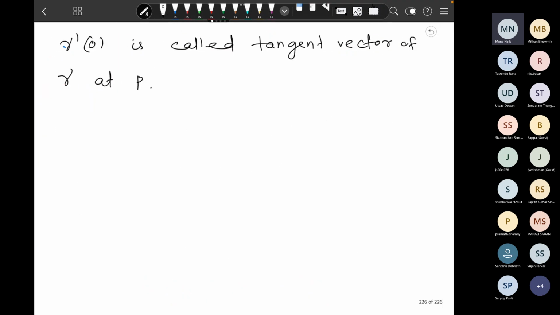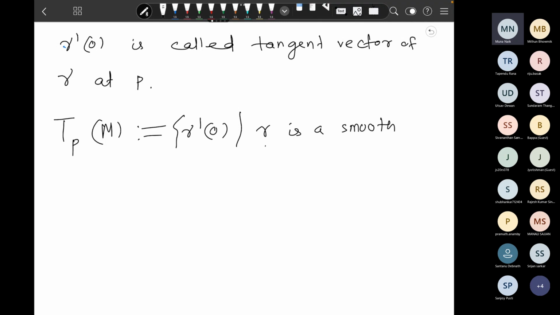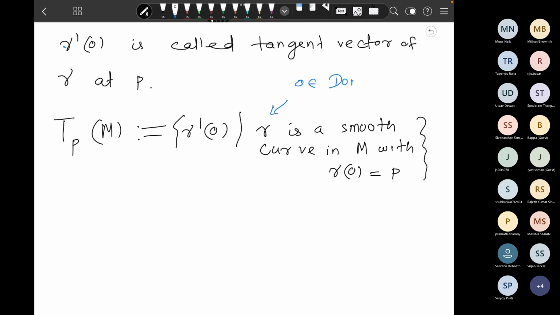Let us take T_pM equal to the set of all gamma prime(0), so that gamma is a smooth curve in M with gamma(0) equal to p. Here it is understood that 0 belongs to the domain of gamma.